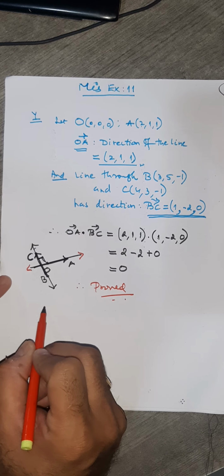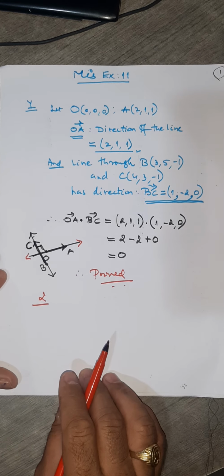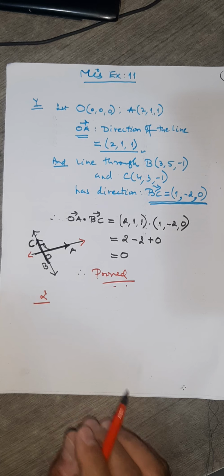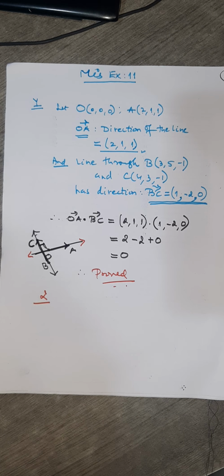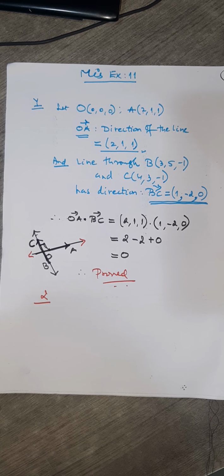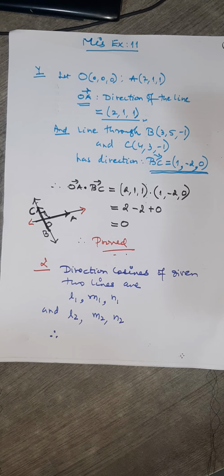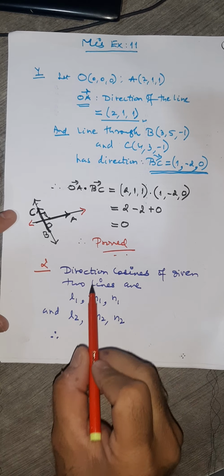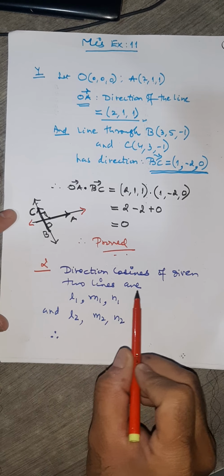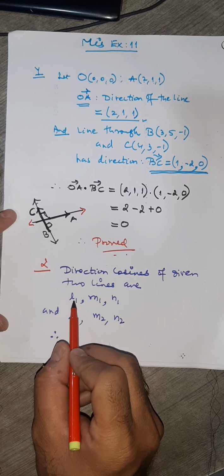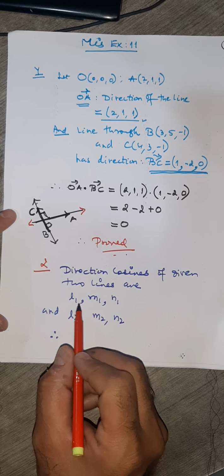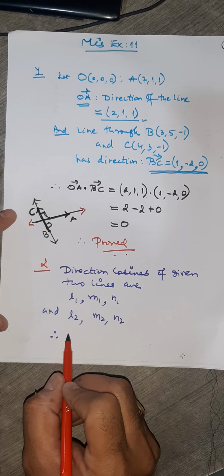Question number 2 here. You are given direction cosines of two mutually perpendicular lines. Show that the direction cosines of the line perpendicular to both are this. Direction cosines of the given two lines are these and this. Now, given the two lines are perpendicular, their dot product must be 0.